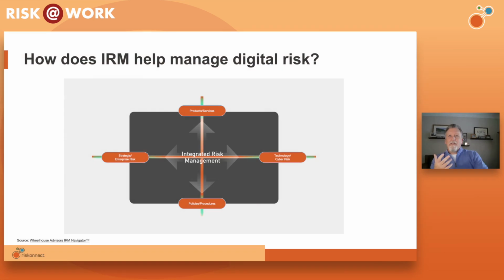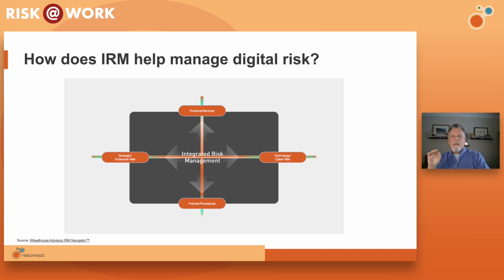Please continue. And I think that's actually a good setup for this slide and how organizations can begin to think differently about digital risk, but also their whole business. Not only from a technology or cyber risk perspective, but also from the core operations all the way through to the strategic and enterprise risk. As you can see here, integrated risk management attempts to tie those areas of risk horizontally across the organization, bridging the gaps between typical siloed risk management domains.